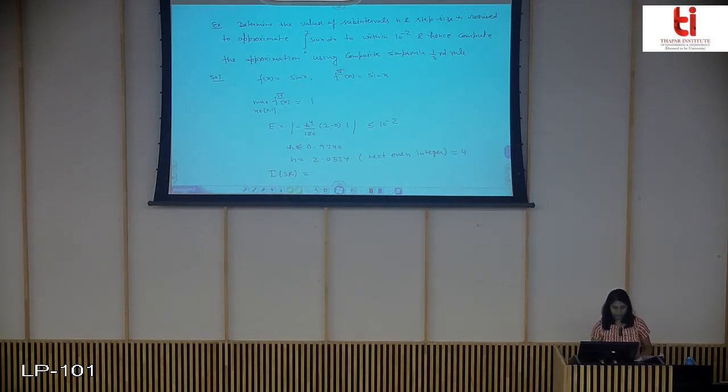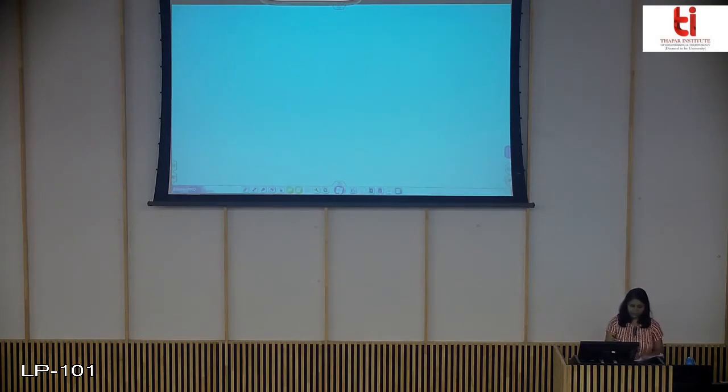N equals 4. Okay, so if we apply the Simpson rule for this, then a equals 0, b equals 2, and we are taking n as 4, h equals b minus a upon n, that is 4. The value is coming out to 1/2.